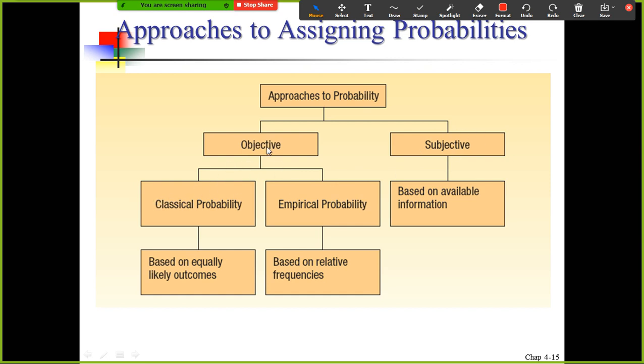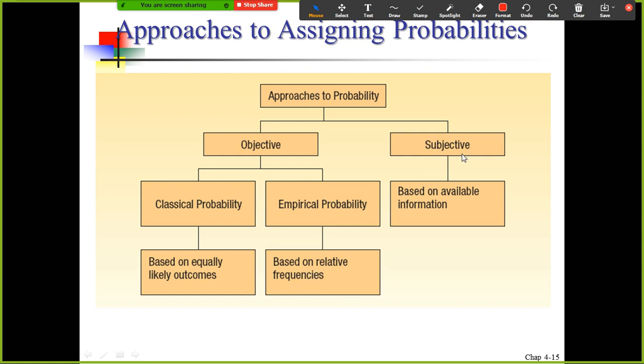Objective probability is subdivided into two: classical probability and empirical probability. Classical probability is based on the assumption that all outcomes of an experiment are equally likely to happen. Empirical probability is a concept we use to calculate probability based on past information, past experience or past data, similar to relative frequency concepts.